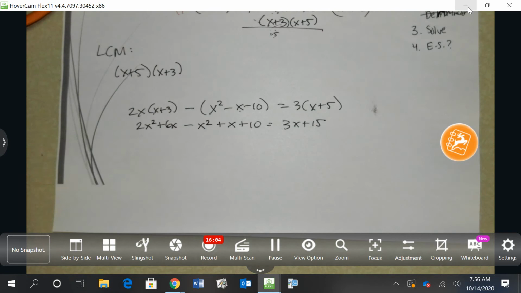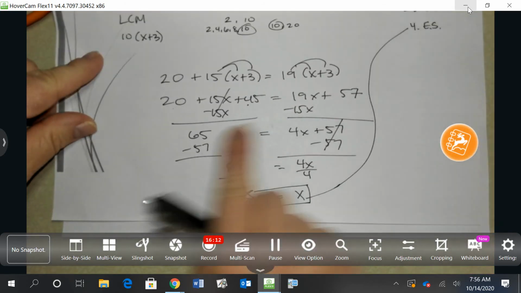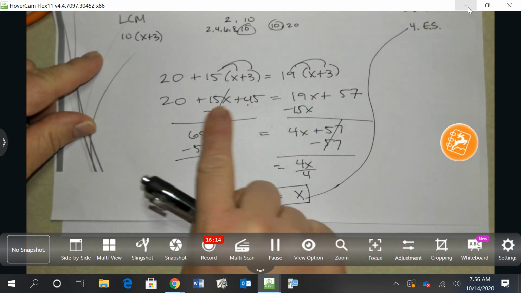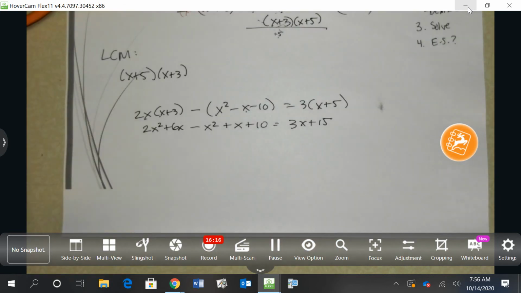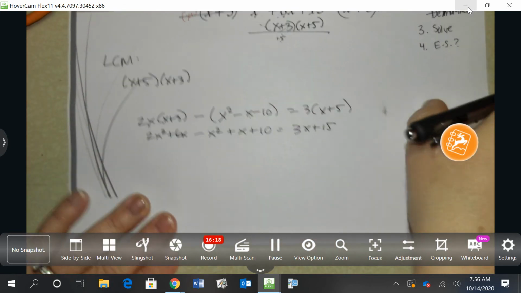I'm going to move everything over to the left-hand side. Now, why am I moving everything over to the left-hand side when in the previous problem I didn't do that? Well, the previous problems only had a single x. There was no x squared involved. It was not a quadratic equation.